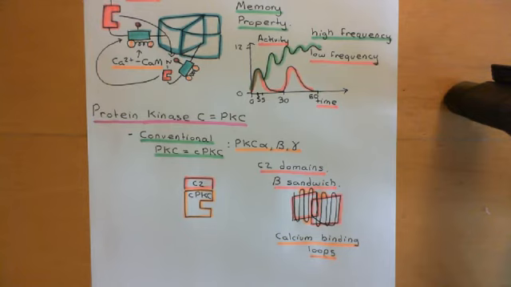The essential principle is that these conventional protein kinases have this special C2 domain, which is capable of binding 2 or 3 calcium ions. Prior to calcium going up in the cytoplasm, when you've got 100 nanomolar calcium, there's not going to be any calcium bound to these C2 domains. Prior to the binding of calcium, the conventional protein kinase C is floating about quite happily in the cytoplasm of the cell.